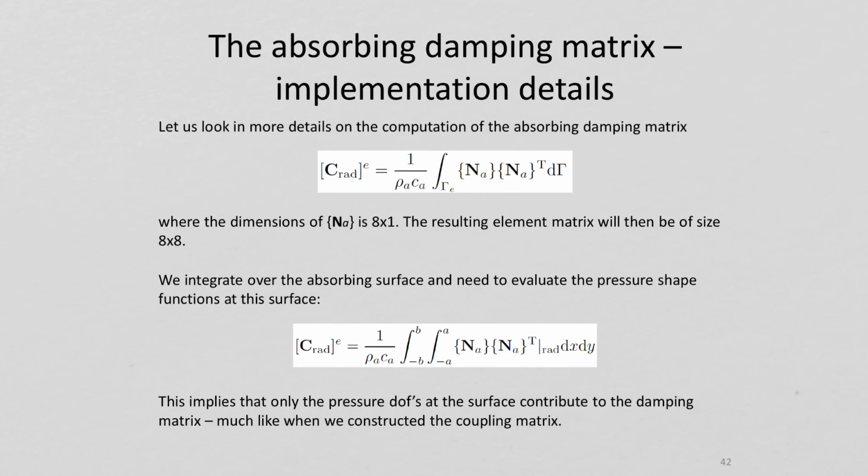So let me do the simple drawing again. Hopefully it becomes a little bit more clear this time. We have the plate down here, and then on top of that we have an acoustic medium. Remember, the coupling that we did before takes place on the surface of the plate, where the surface meets the bottom layer of acoustic elements.